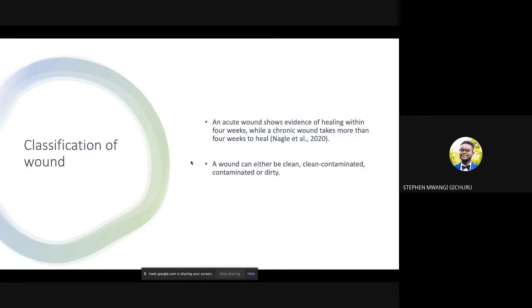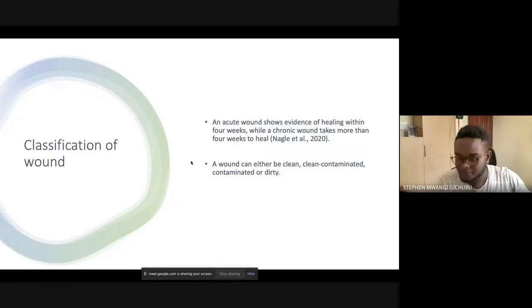So how do we classify wounds? Dixon Mwangi, what do you think about classification of wounds? When you classify wounds, I think we can classify it as either open or closed.